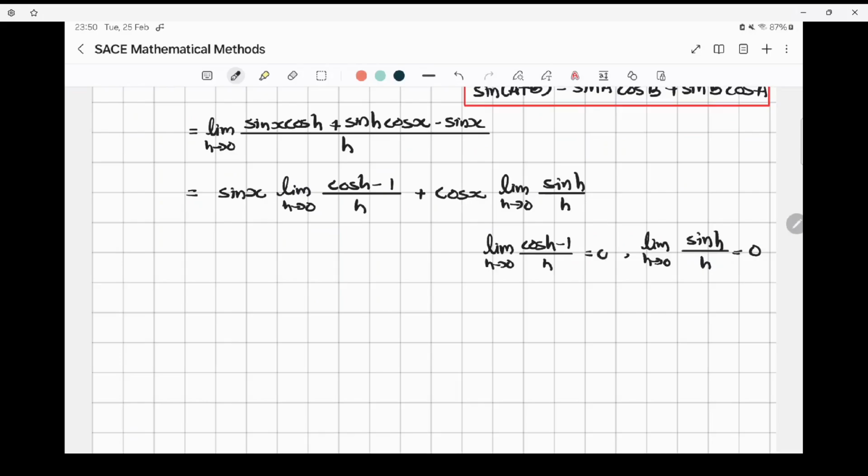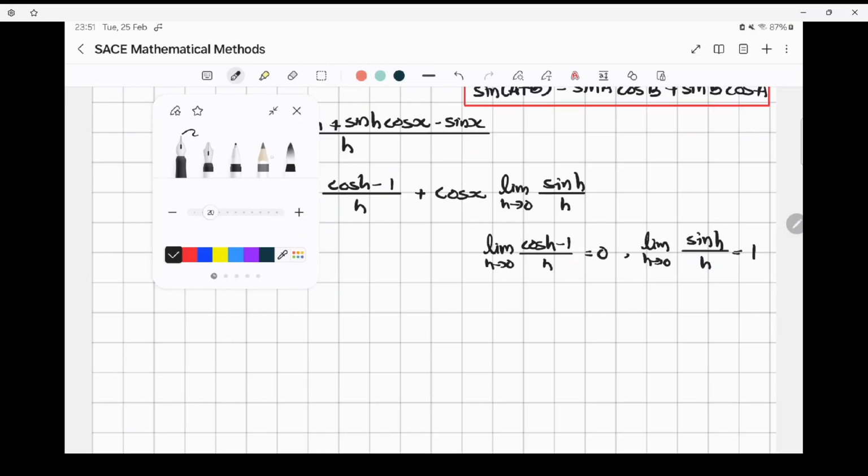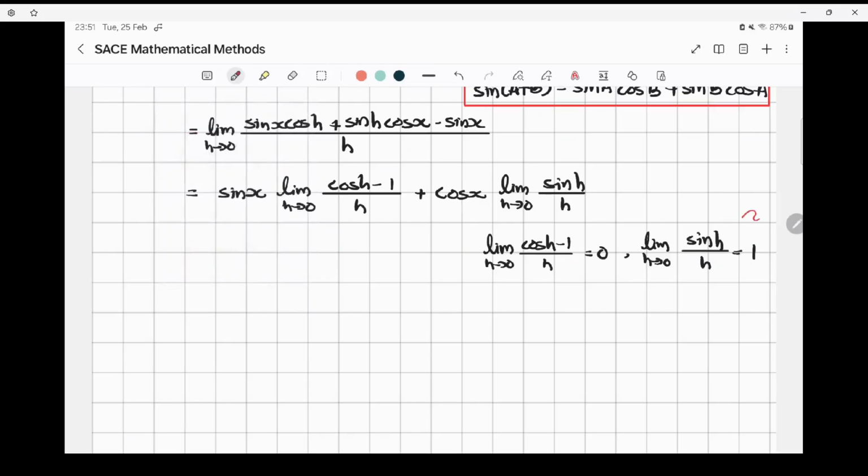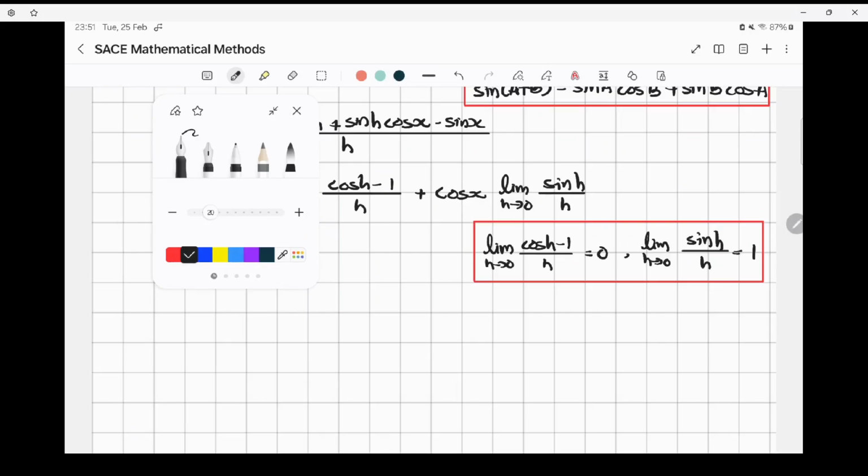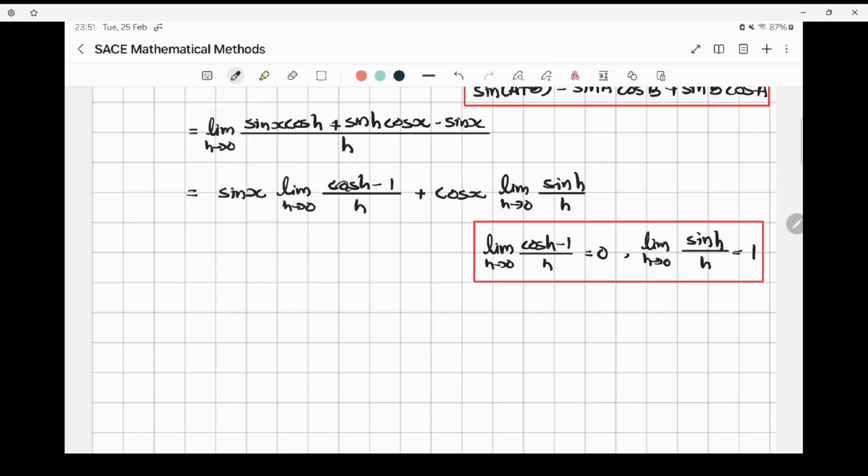This is 0. Sorry, the first one is 1. You need to make use of these two identities to derive the derivative of sine x by first principle. So obviously the first term cancels off, becomes 0. You are left with the second term, which is just cos x.